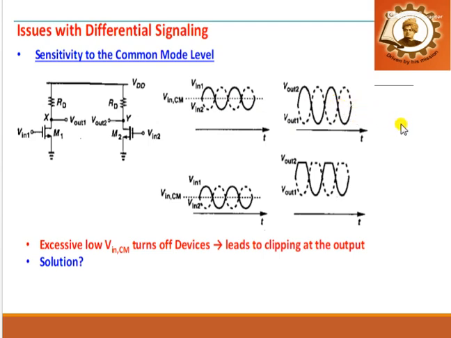But if you reduce this input common mode voltage, then what will happen? These two devices M1 and M2 will be turned off.